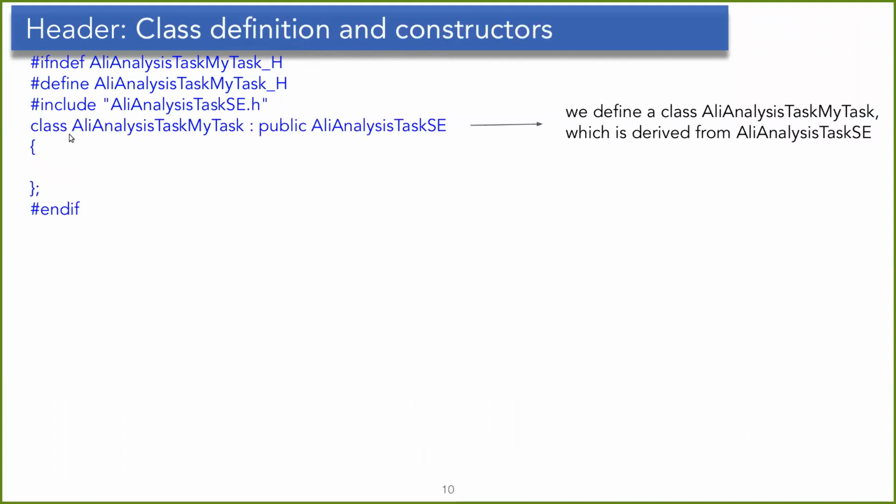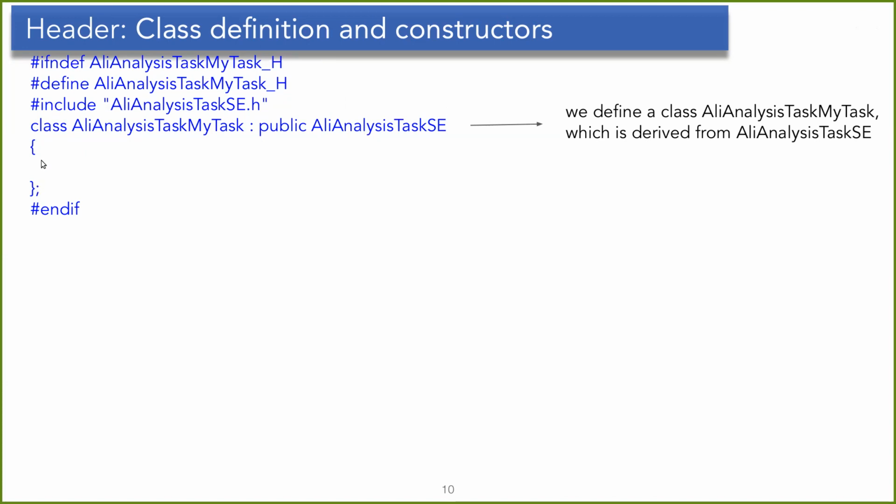Now let's go to the first line, how we can define our analysis task from this base class AliAnalysisTaskSE. As I showed in my beginning slide, we just use the same formalism. We give the name of our class, AliAnalysisTaskMyTask, and derive it from this base class, AliAnalysisTaskSE.